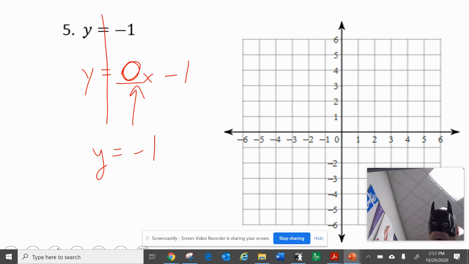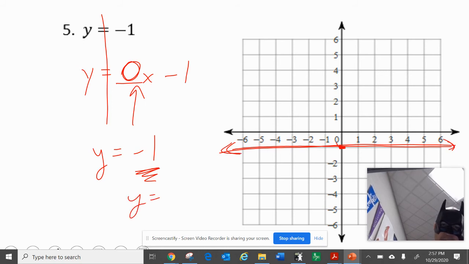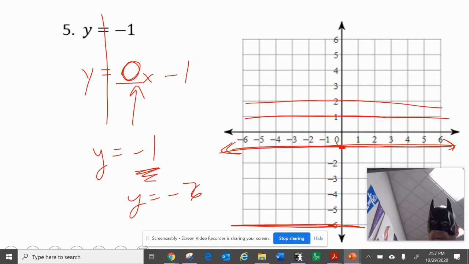That's a special case: a horizontal line, 0 slope, and it goes through the point y equals negative 1. So if you make a point at y equals negative 1 and draw a line through it, that helps you remember that's a horizontal line. If it had been y equals negative 7 or negative 6, it would have been down here. Any horizontal line, like y equals 1, y equals 2, y equals 3.